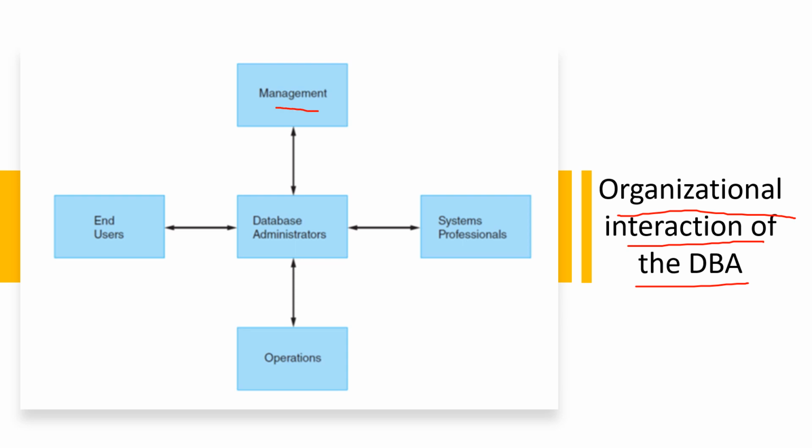We have the management, the system professionals, the end users, and the operations. So the database administration is interacting with all of these users. The database administration will deal with system professionals in developing the systems, interact with them, and also with the end users, with operations, as well as with the management for reporting and so on.